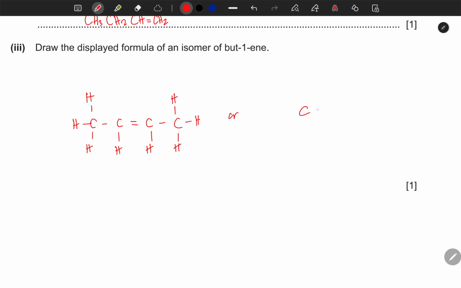What if I bring all the single carbon atoms there, singly bonded, and then I bring the double bond here. It is still the same because this carbon atom still has 4 bonds to it. Then I can do this, and this one still has 4. This is still an isomer. You see, right?